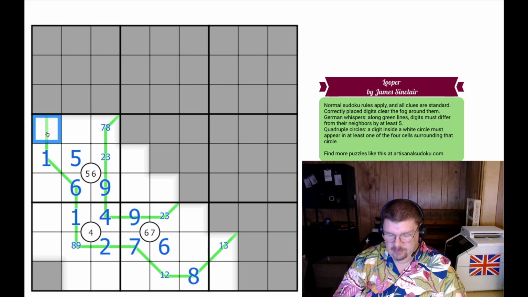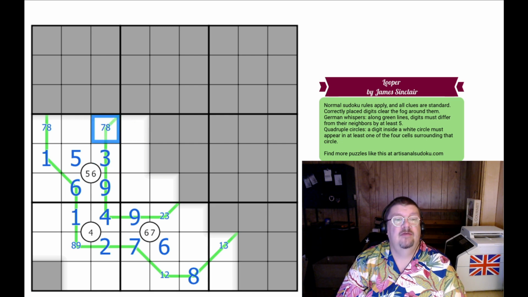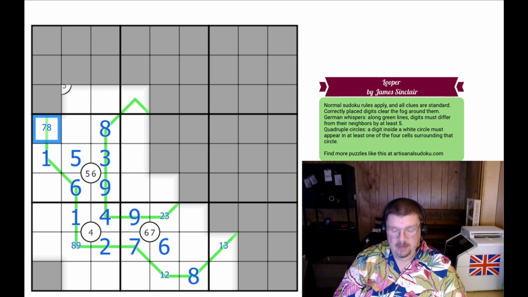This is 7 or 8. This 2 makes this 3. That 3 prevents that from being a 7, so it must be an 8. That must be a 7. This has to be a 2.